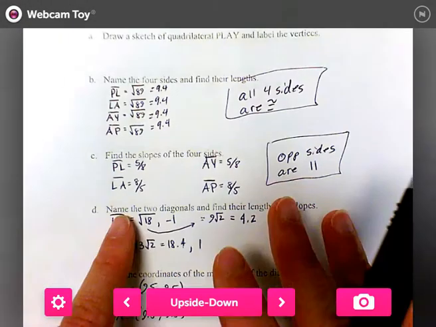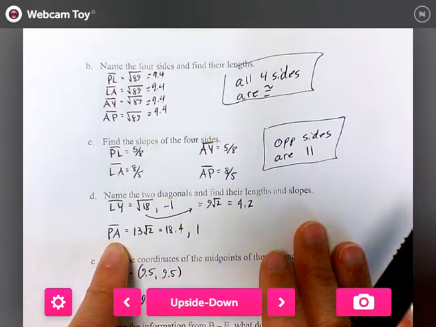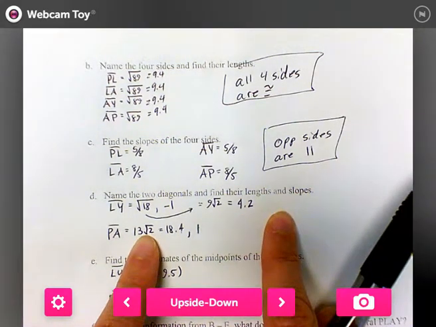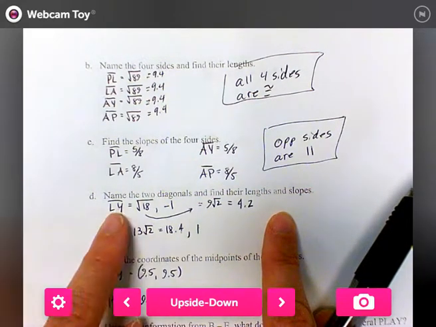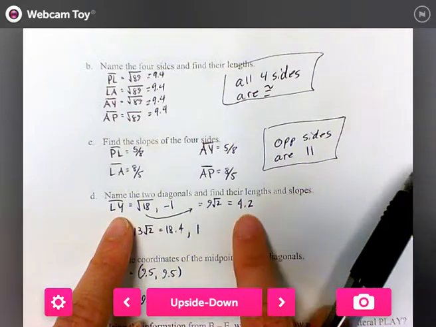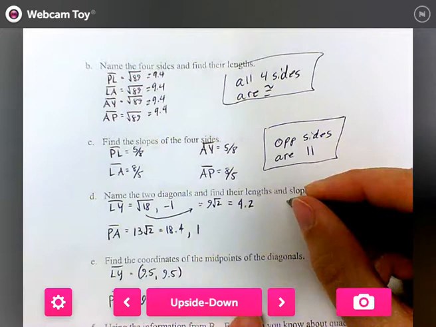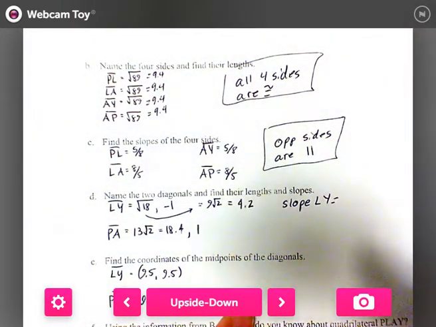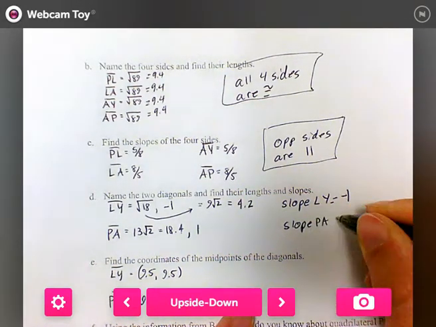We found that the distance from P to A is 13 square root 2, or 18.4. And the distance from L to Y is 4.2. And the slope of L to Y is -1. And the slope for P to A is 1.